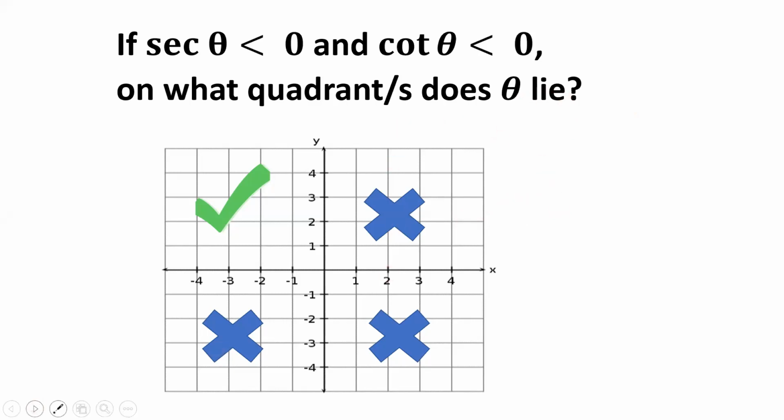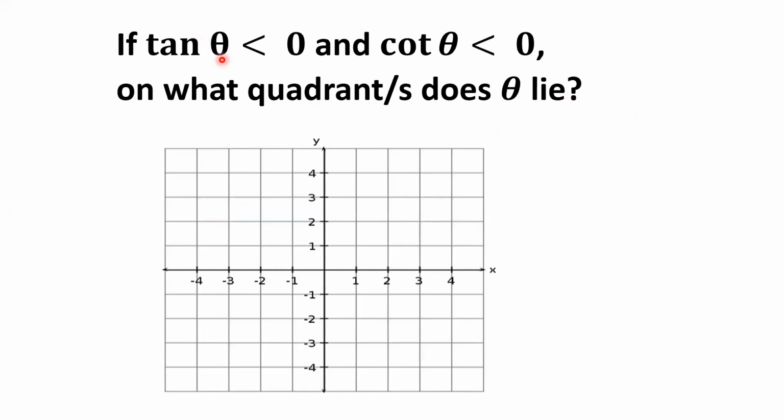Okay. Now for our next question. If tangent theta is negative, and cotangent theta is also negative, on what quadrant or quadrants does theta lie? So, may negative na naman, so it cannot be in quadrant 1. Cannot be in quadrant 3 kasi si tangent dun positive.